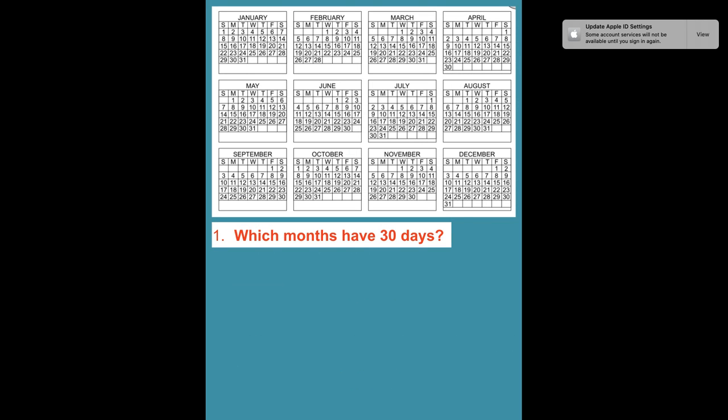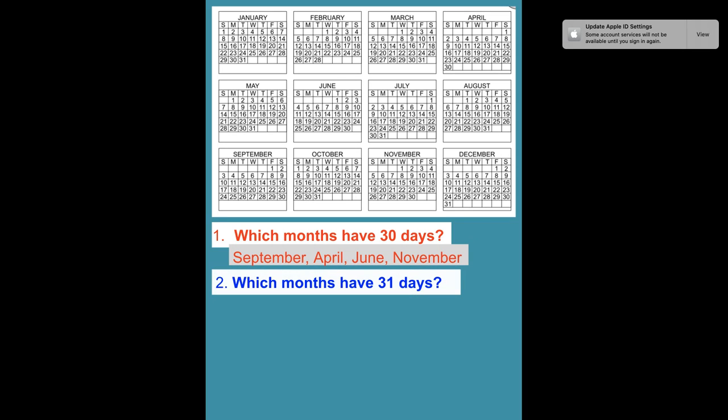Okay, let's take a look at the same calendar that's in your booklet now. Okay, this is the same question on page 64. Which months have 30 days? So again, thinking of that nursery rhyme, September, April, June, and November. Which months have 31 days?